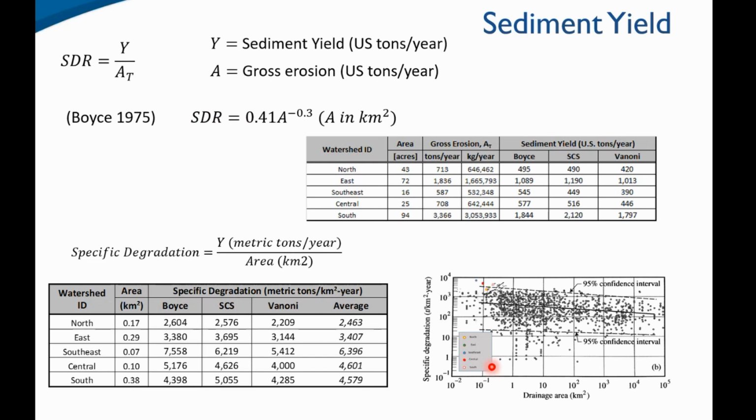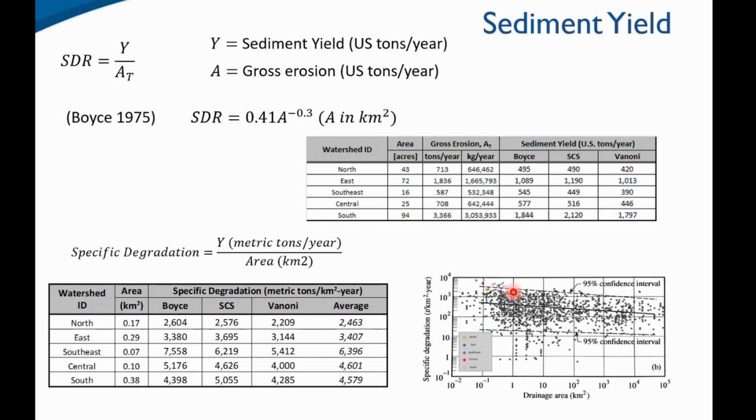Since we're dealing typically with small watersheds, the sediment delivery ratio is pretty high, and then we can get erosion rates that, like you see here, may be over 2,000 or 3,000 tons. That's a gross erosion rate, and you multiply by the contamination percentage, and you're going to get a concentration of contaminants that is going to be deposited into your detention pond.